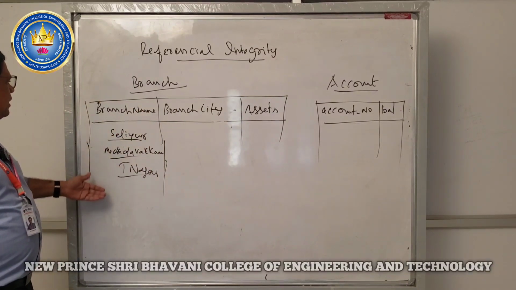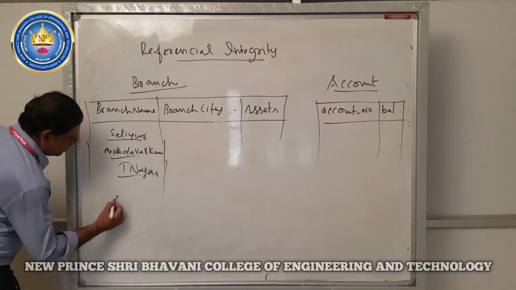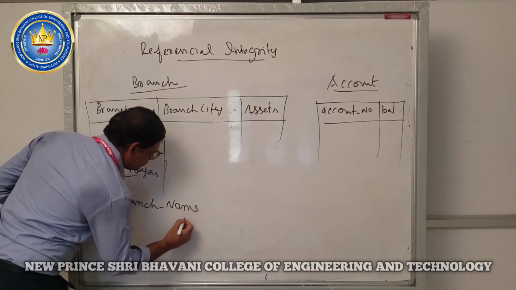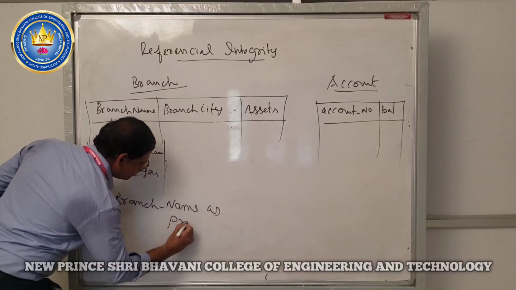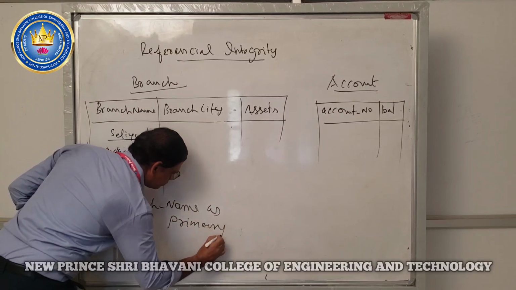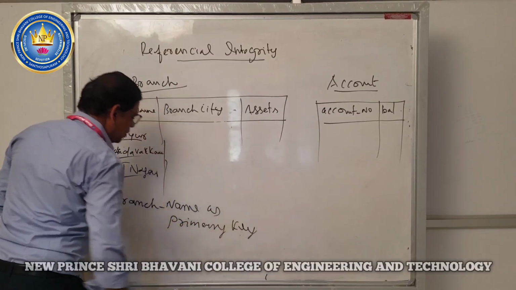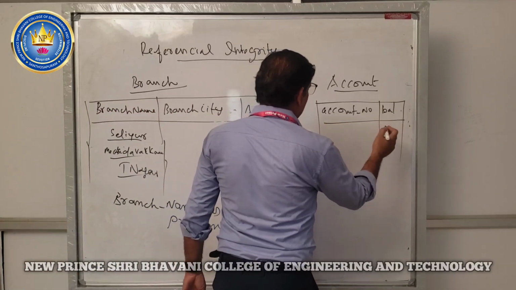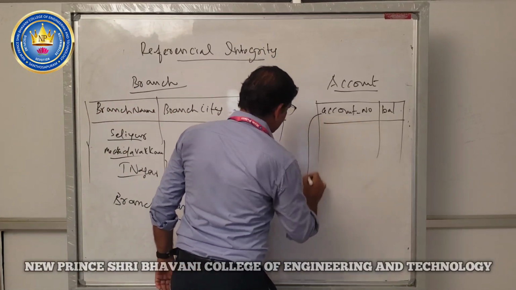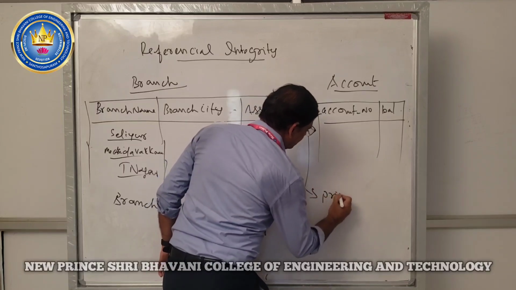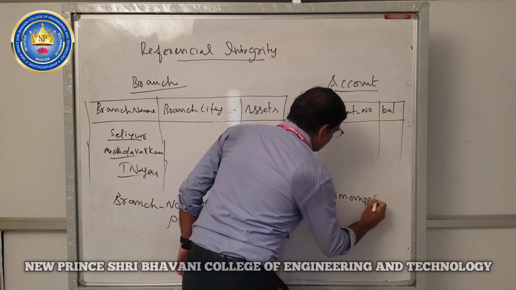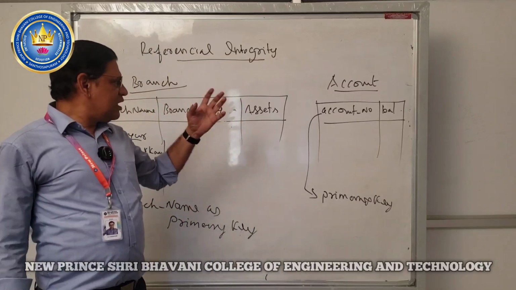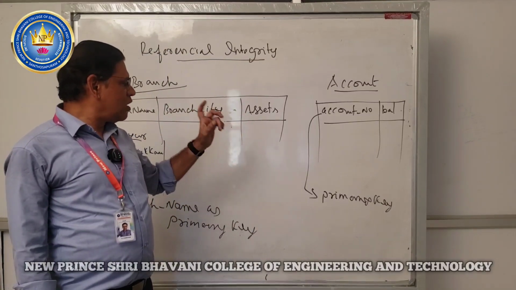So I can set branch name as the primary key. Similarly here, I can set account number as a primary key, because obviously every customer will have a unique account number.